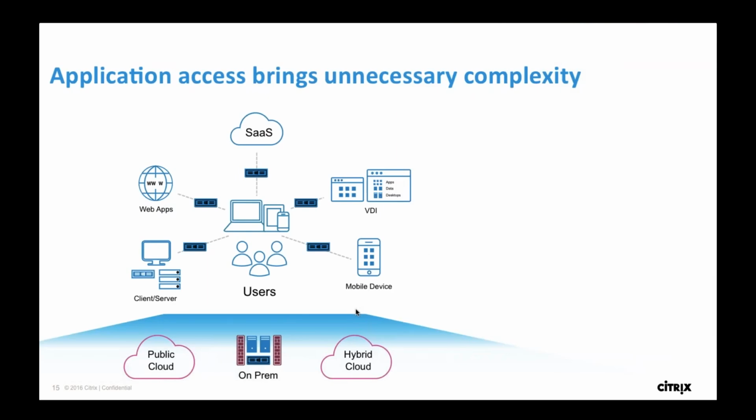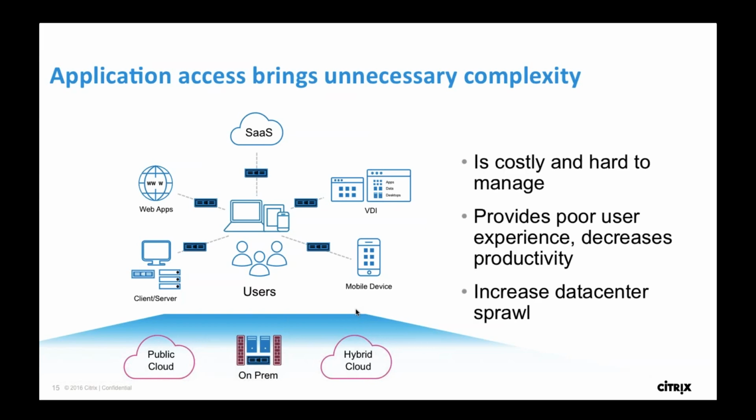Most of the time when we're trying to deliver applications out to end users, we do it piecemeal. It's this application, oh, let's give this out, or this application. And so there's not a cohesive strategy that really lends itself to simplicity. As we start to add applications, and typically it's not just one application, it's many, many applications, each of these applications requires a different method of access for the end user. And so it adds complexity.